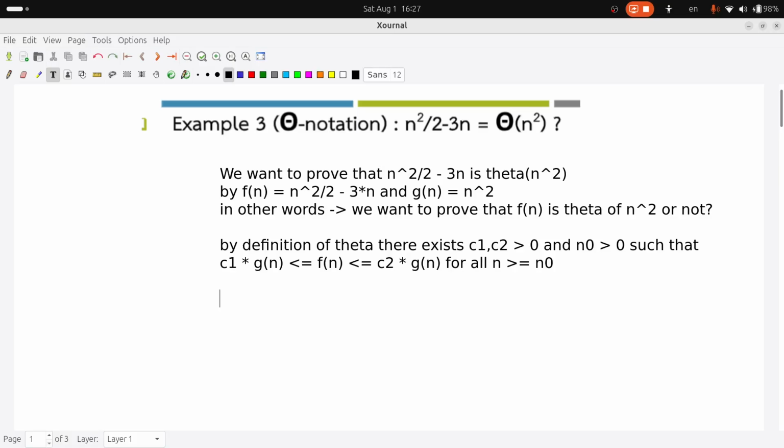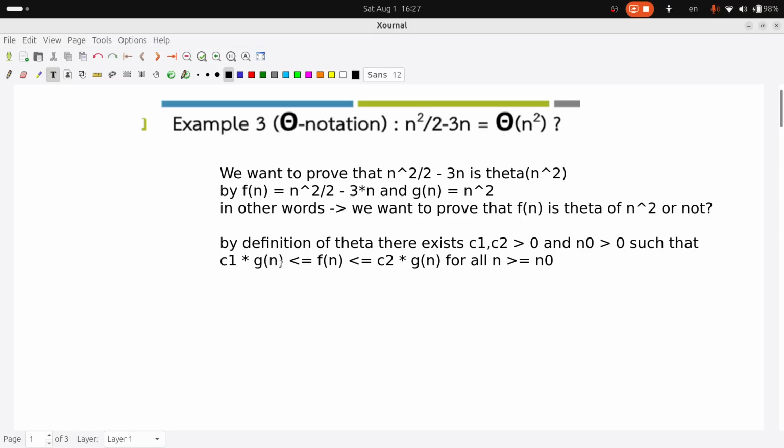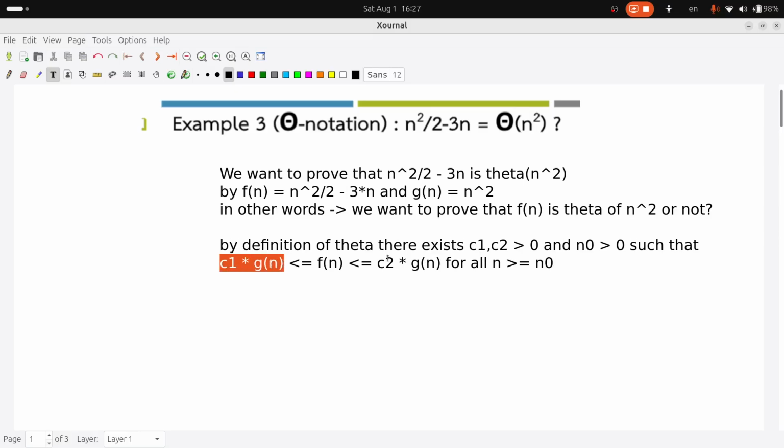Okay, so for theta notation, we are going to split it into two parts: the lower bound function and the upper bound function.